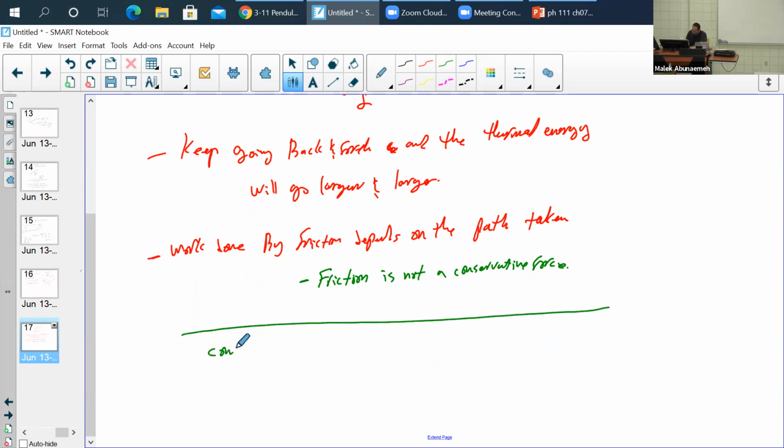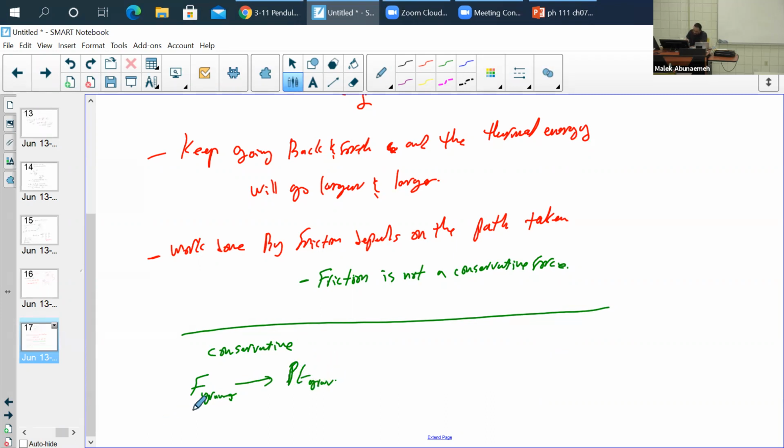For conservative forces, because of gravity you're going to have gravitational potential energy.